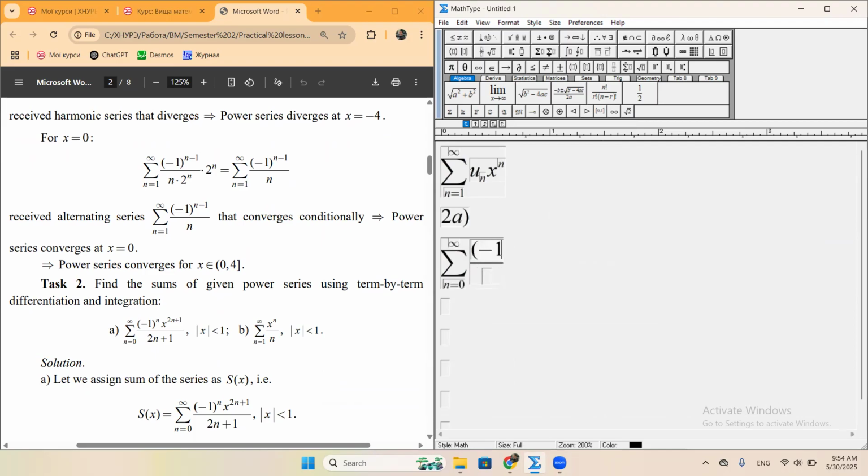So -1 in power of n by x in power of 2n plus 1 over 2n plus 1, and modulo of x is less than 1. That's important.